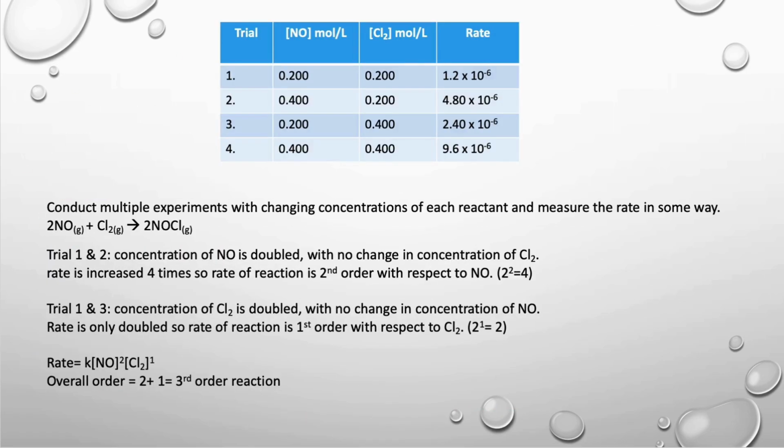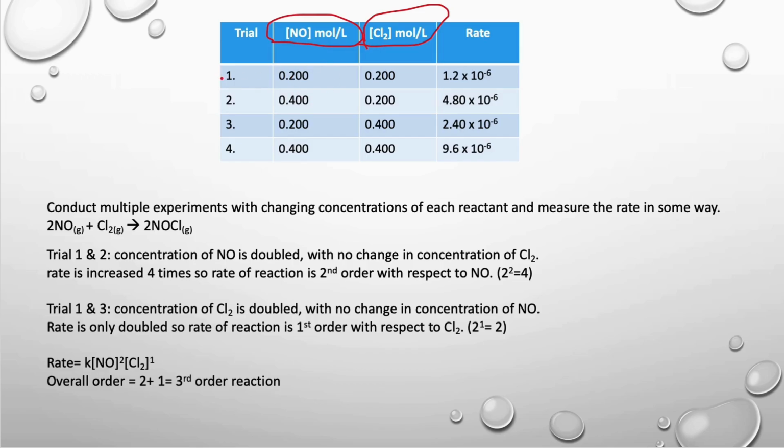In order for me to check NO, I want to go for the trials or runs in which the NO is changing. But because I currently only want to decide for NO, I'm not going to be looking for a concentration of chlorine that's also changing. I want that to be constant.